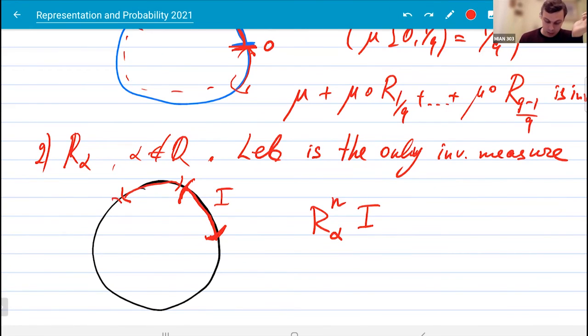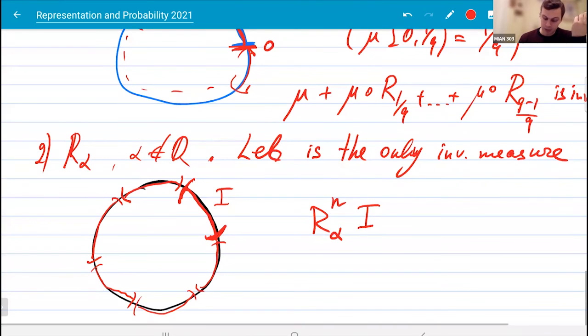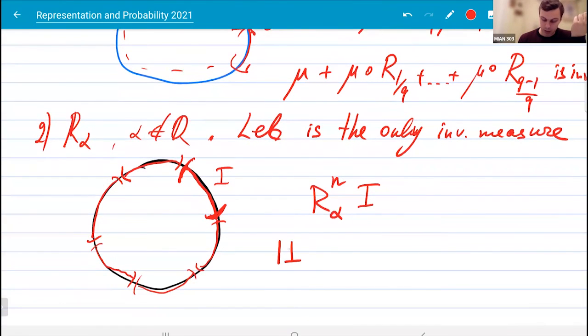Then I take another such interval and another such interval, and so on. And therefore I can say the following: if, for example, the length of I is less than 1 over q, then from this figure, it follows that the measure of I is less than 1 over q.